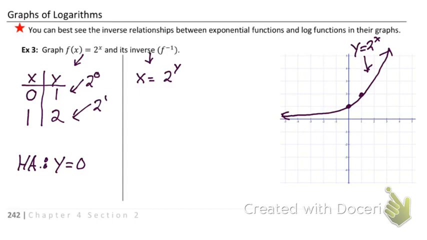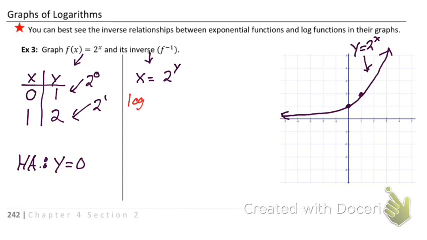I need to get that y by itself. It's trapped by an exponent. The only way to get an exponent out is to use a logarithm, because logarithms undo an exponent. And I know what logarithm to use because this is base 2. So I need to use log base 2 on both sides.